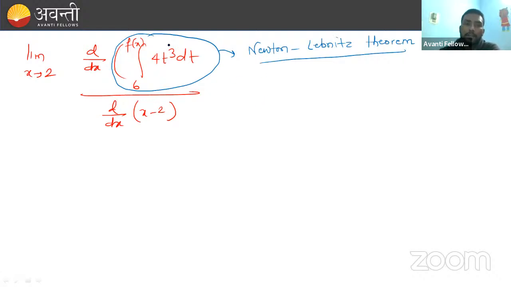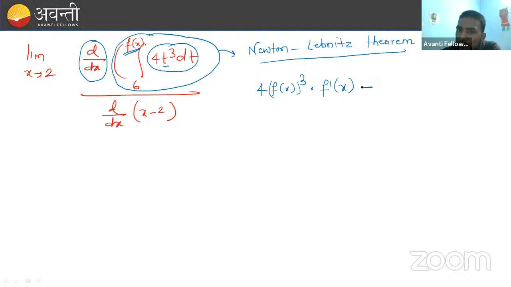If an integral is written in this format, some f of t dt is given, a function in t, and you want to find the derivative dy by dx, you just put f of x in place of t, here f of x whole cube, and then take the derivative of it, f dash x. Then you do minus, and again you put the lower limit, and then take the derivative of 6.